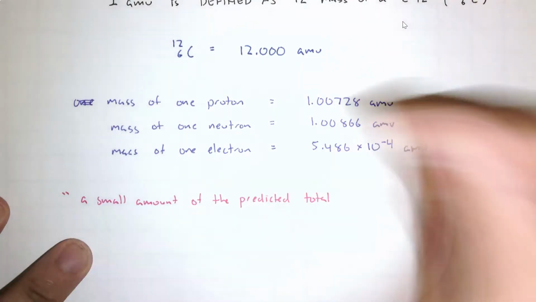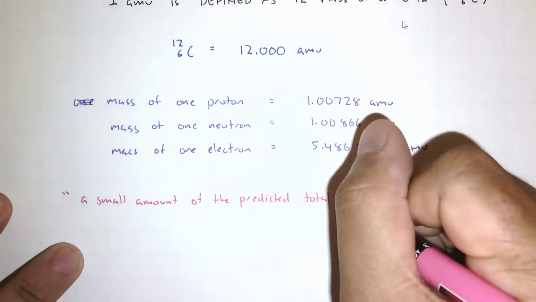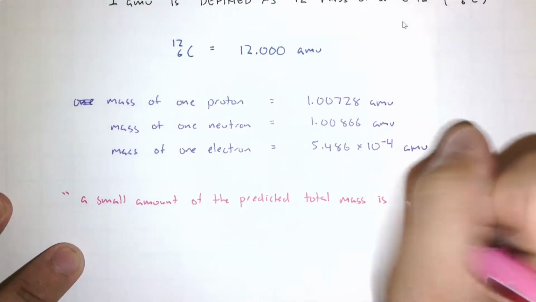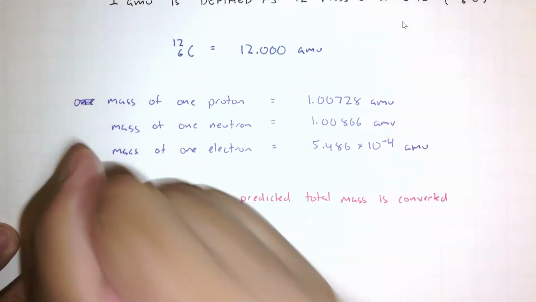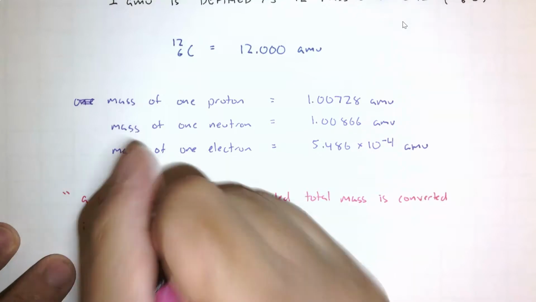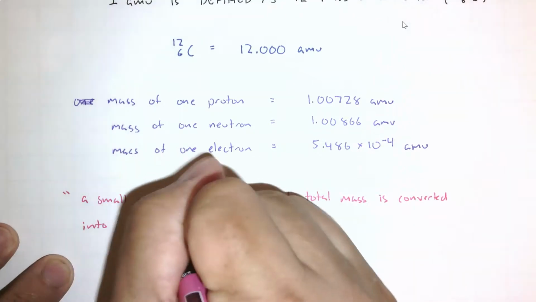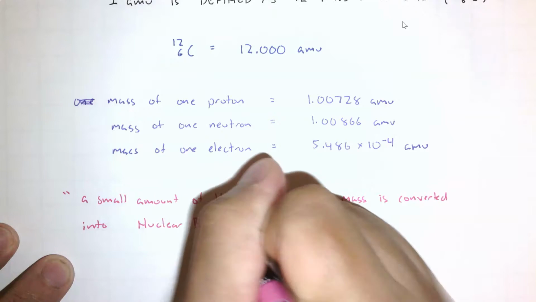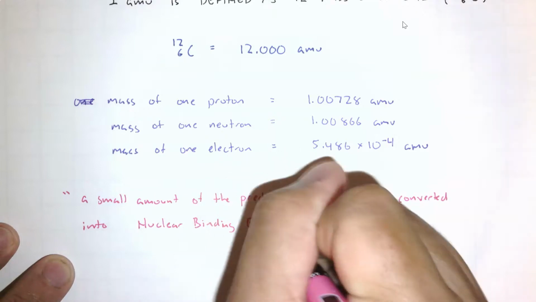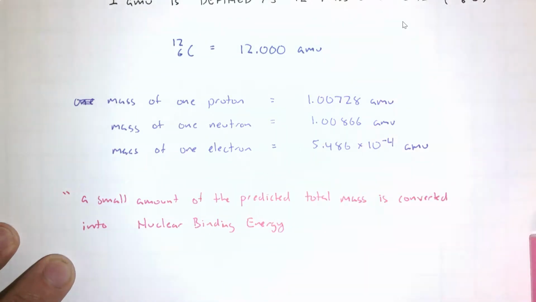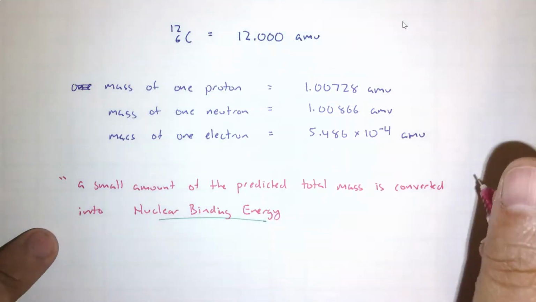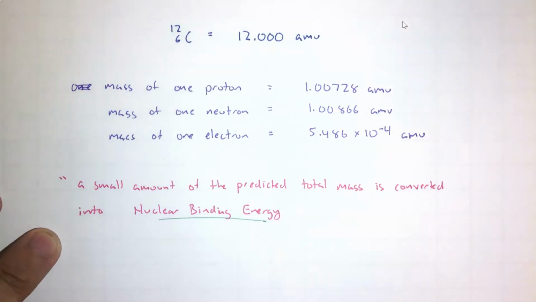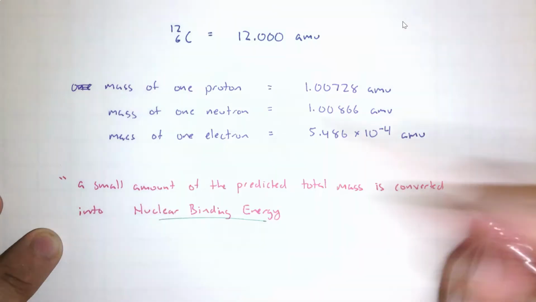A small amount of the predicted total mass is converted into energy. And it's a special type of energy. It's called nuclear binding energy. Okay, I'll underline that. And that is the energy that is released when a proton and neutron come close together. So this is of the nucleus.